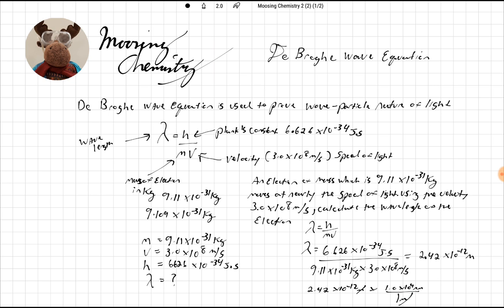You really don't have to do this, but I'm just curious. 2.42 times 10 to the negative 12 times 1.0 times 10 to the 9 gives us 2.42 times 10 to the negative 3 nanometers, so that would be 0.00242 nanometers.